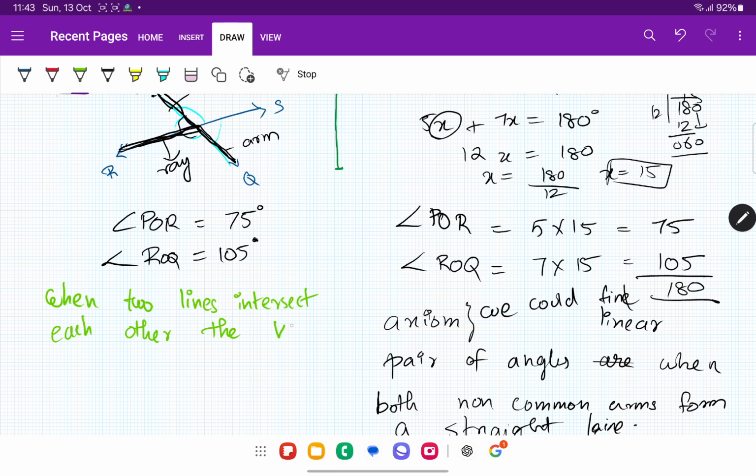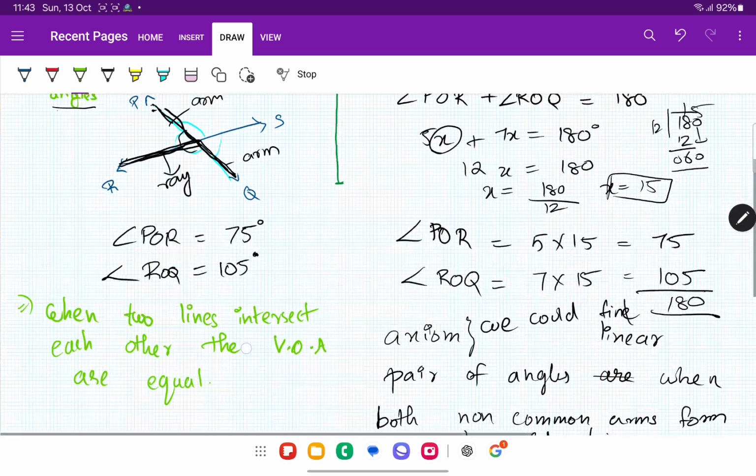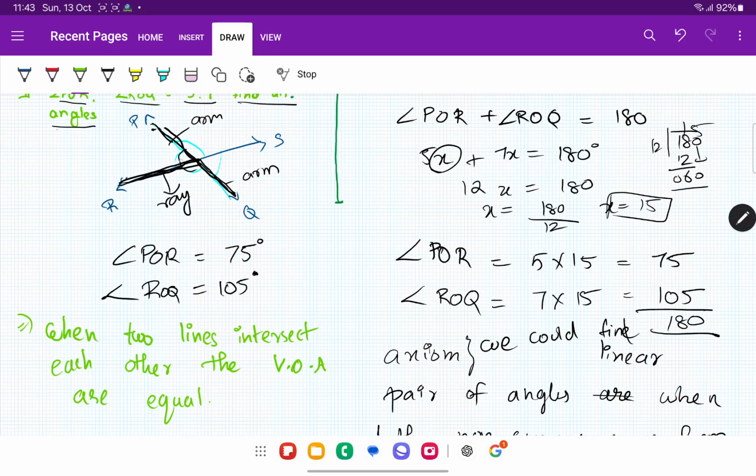Okay, this is an axiom. So vertically opposite angles are equal. Angle POR is 75, so angle SOQ is 75. Angle ROQ is 105, so angle POS is 105.